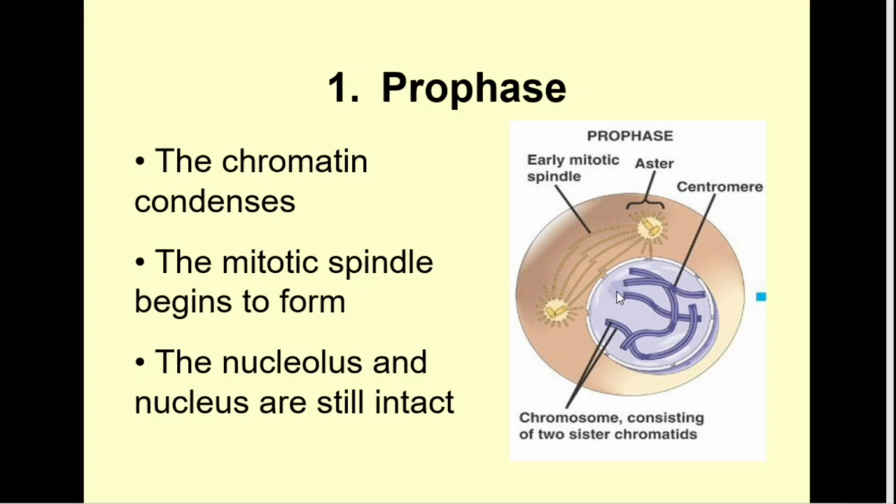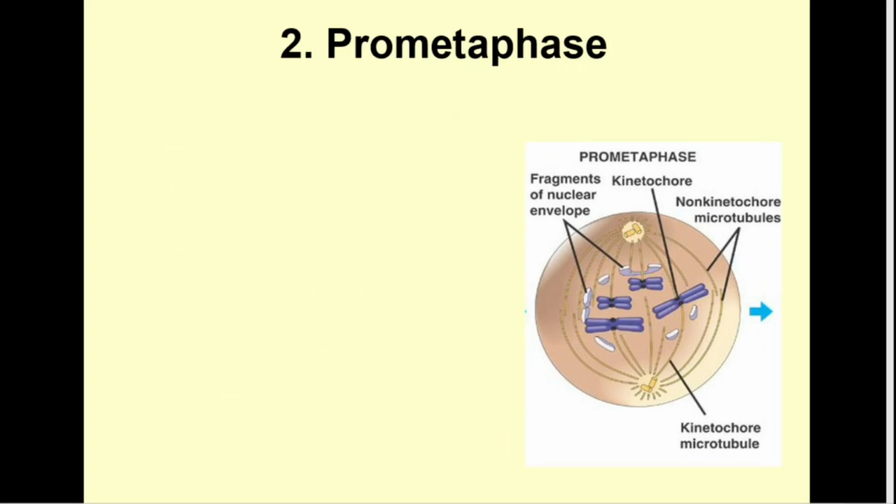Remember, that's the area of the nucleus where ribosomes are manufactured. So all of that is still in place. But this is prophase then. The cell is starting to get ready to divide. So the chromosomes are starting to condense, and we're starting to get the formation of the mitotic spindle.